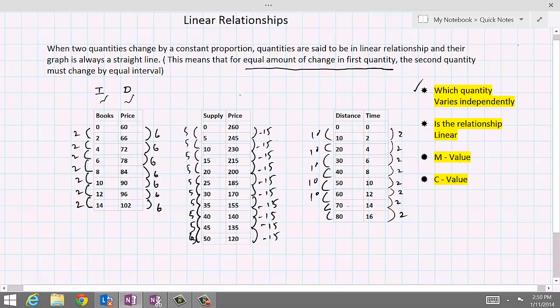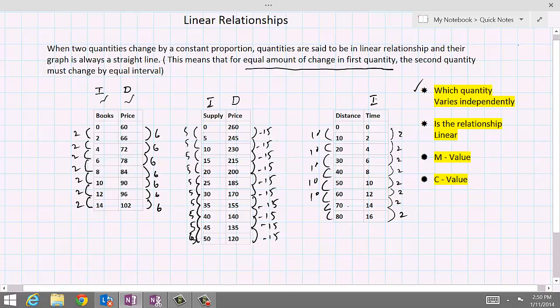The price here for the second data set is also dependent, because the price depends on the supply. And the supply is independent. For the third data set, time is independent, and the distance depends on time.